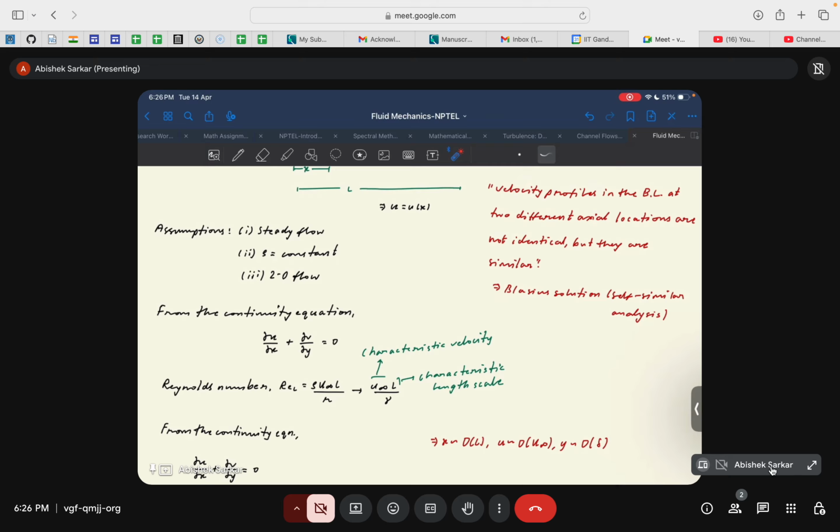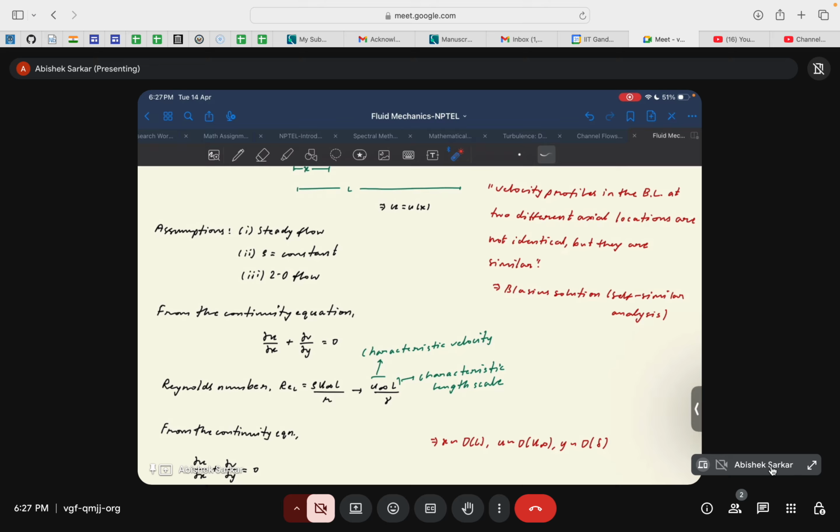So the Reynolds number can be Re_L, which would mean that we are defining the Reynolds number based on the length of the plate. If you remember, in the case of flow in a pipe, I defined the Reynolds number as something like Re_D. These are not random notations. The subscripts have a very crucial meaning, and Re_D meant that we define the Reynolds number based on the diameter of the pipe.